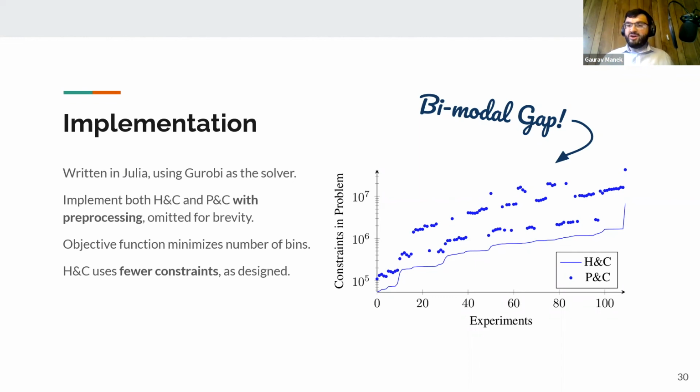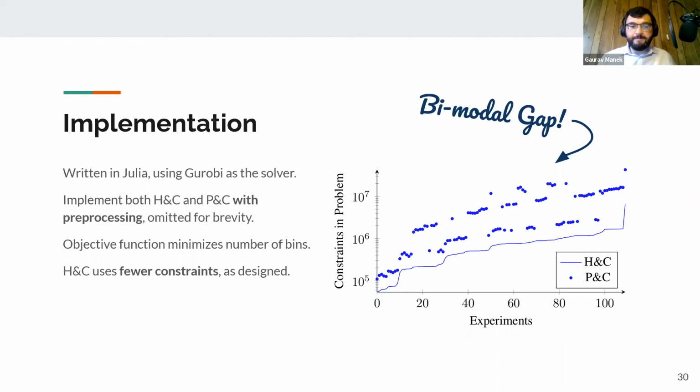In the creation of that data set, the problem sets that they drew from were 2 distinct older problem sets that they cleaned up and presented in a coherent manner. One of these initial problem sets uses a lot of small objects and one uses a lot of large objects. And this is why we get this interesting bimodal gap in the number of constraints that we actually develop.